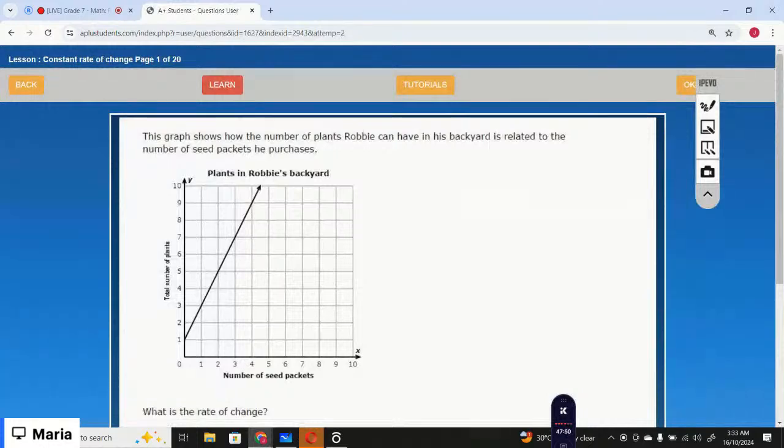The graph shows how the number of plants Robbie can have in his backyard is related to the number of seed packets he purchases. What is the rate of change?